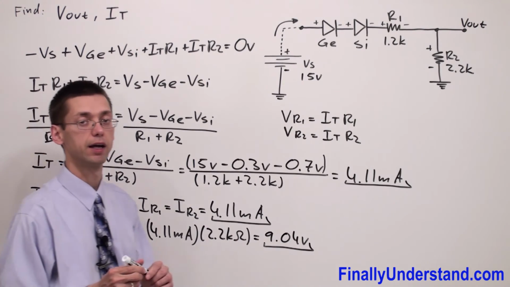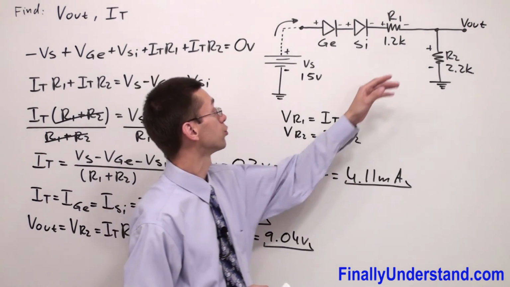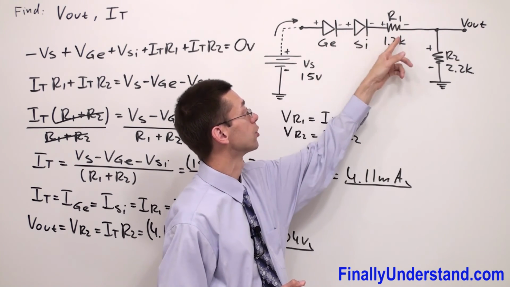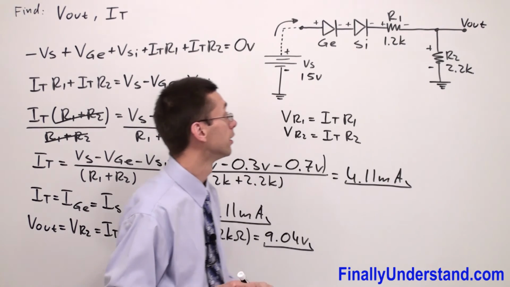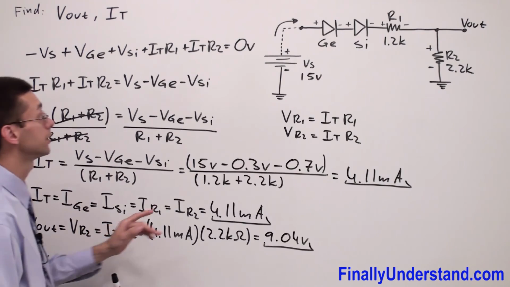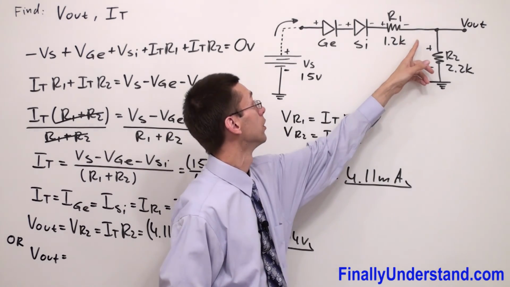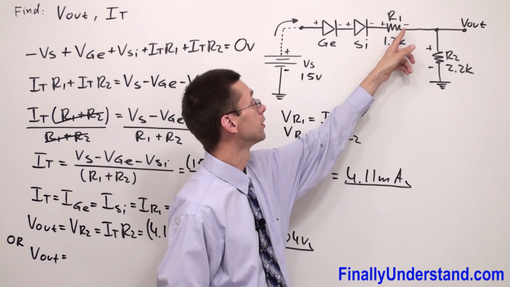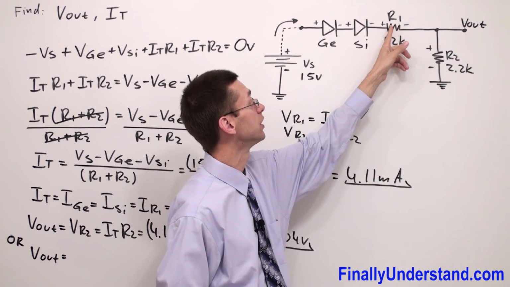If you want to verify that your answer is correct, you're supposed to try to find the output voltage going counterclockwise. This is a longer way, but it's always good to check if you are doing everything okay. So this is one way or the other way. Vout is equal to, let's write the KVL equation for this way. I have a negative sign first, so I have negative VR1.